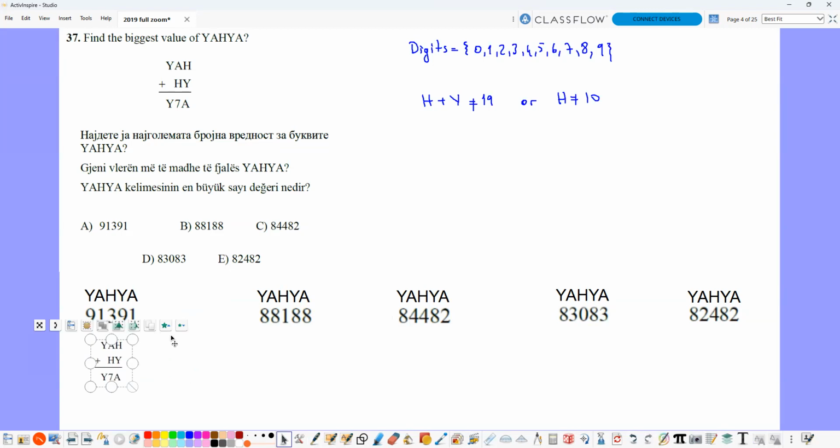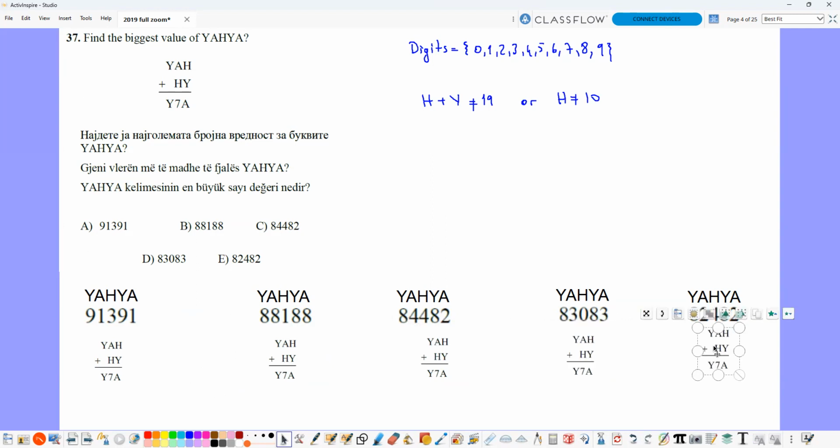What should it be here, if h plus y, is it a? I'm going to check that one. If Yahya is 91391, then is h plus y equal to a? I'm going to check that, and if it is not, I'm going to eliminate this case. Then I'm going to continue to the next one.